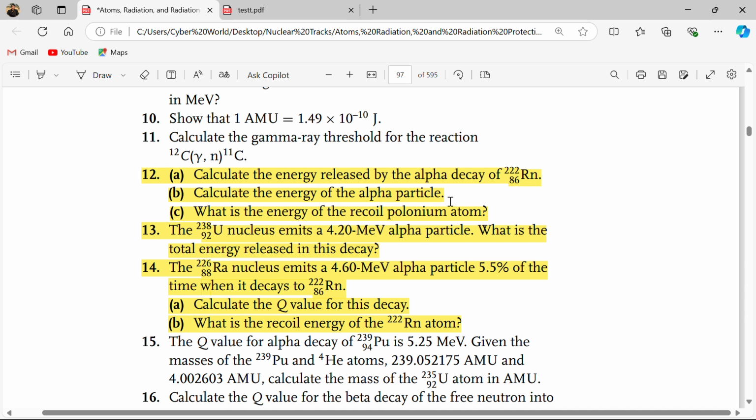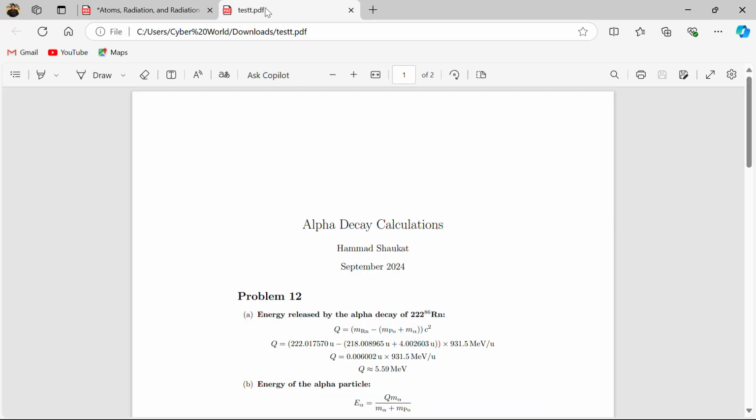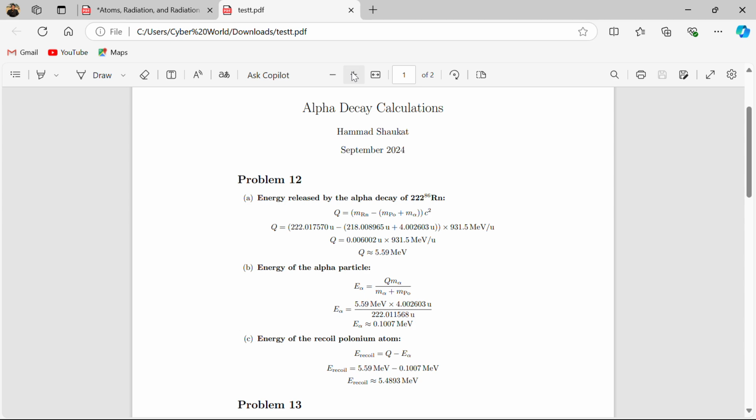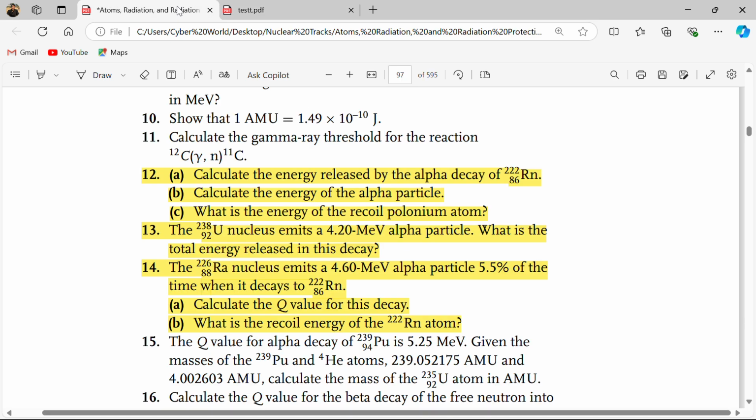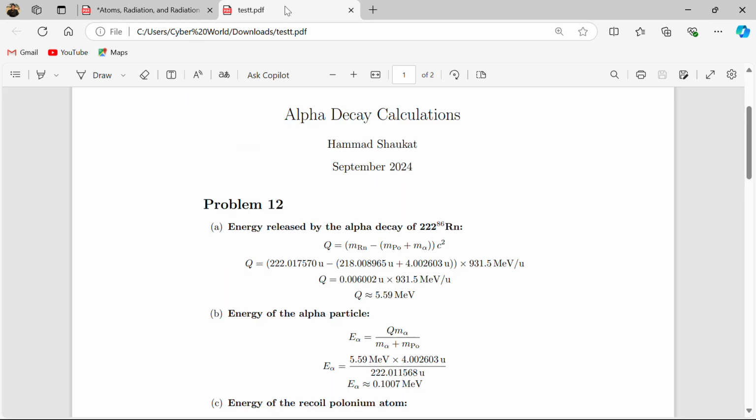So how can you solve this? Let me show you my solution. Section A asks to calculate the energy released by the alpha decay of radon. First, you must know the relation that radon-222 decays into different products, as you can see here.